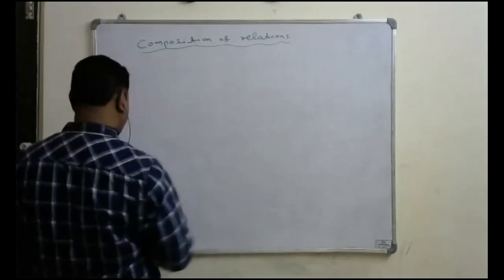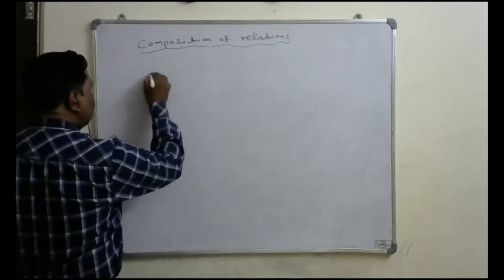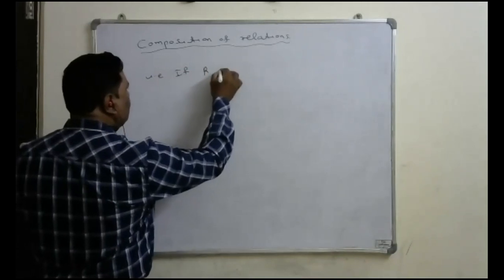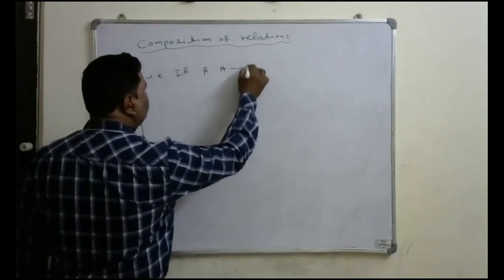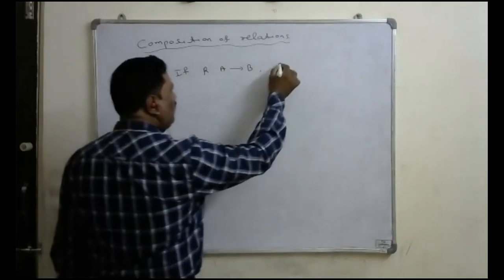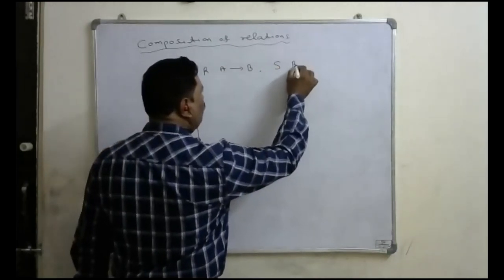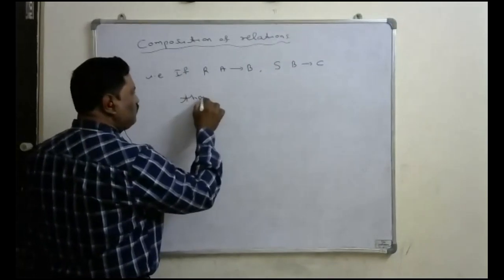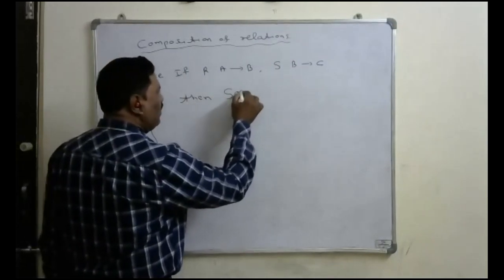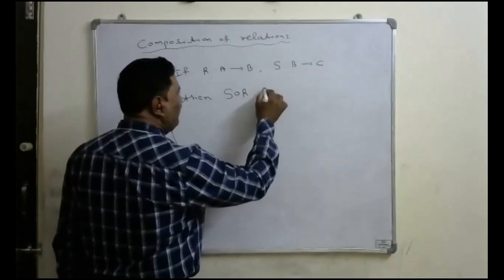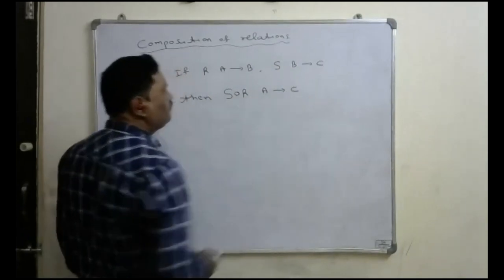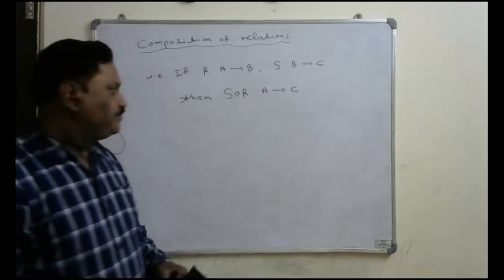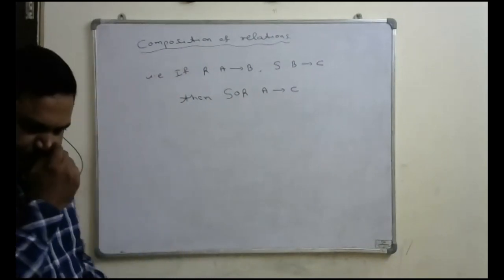That is, if R maps A to B, S maps B to C, then S circle R maps A to C. Okay.